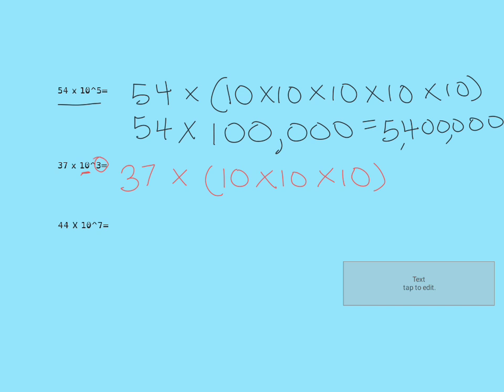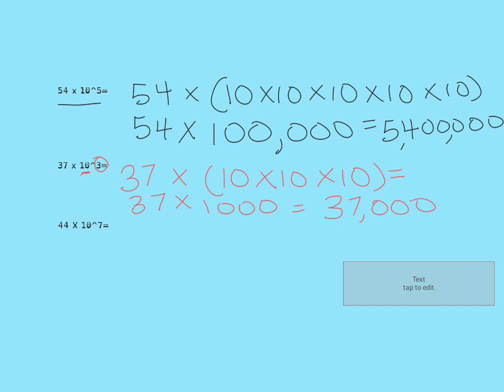So it's 37 times 10 times 10 times 10, which is the same thing as 37 times 10 times 10 is 100. 100 times 10 is 1,000. And that is going to be equal to 37,000.